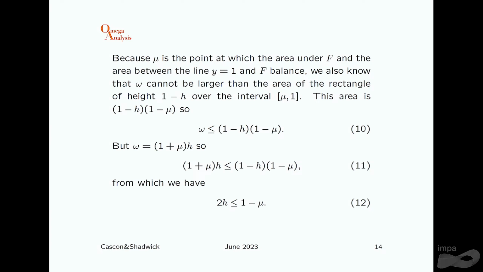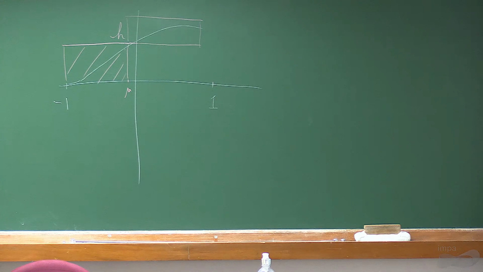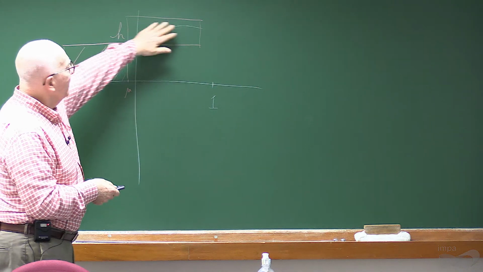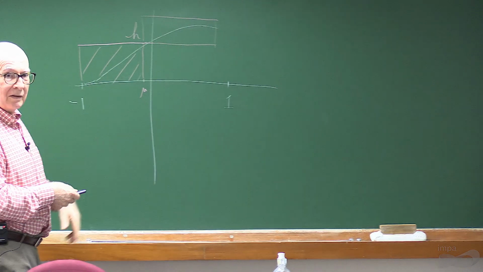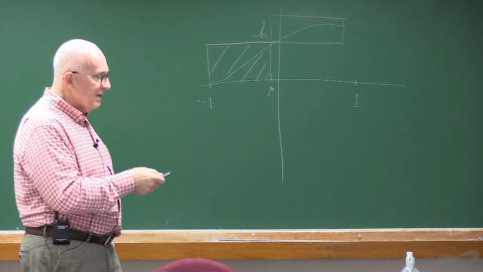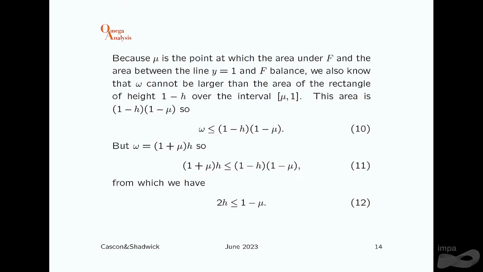So this gives us a bound. The ohm must be less than or equal to this product. It could be as big as this, but it can't be bigger than this. Okay? So that gives us the inequality, and that tells us that twice h is less than or equal to 1 minus mu. So you should go through this argument. It's really just this picture.